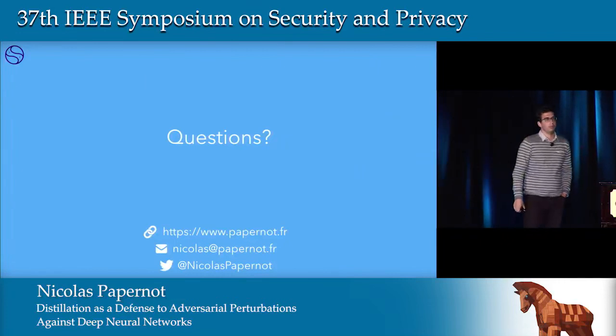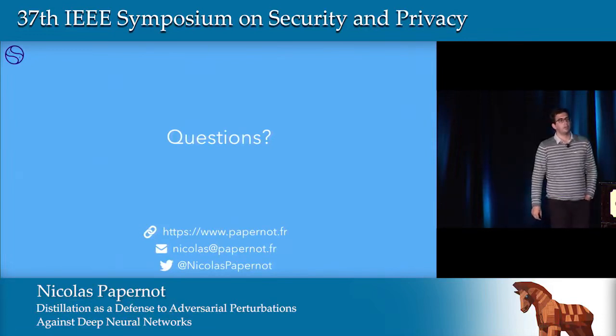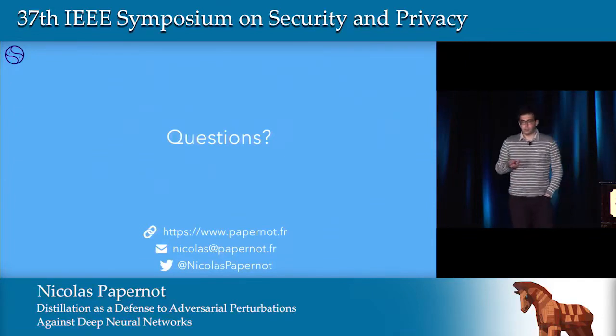I just have a question about the adversary model. Do you give the neural network description also to the adversary? What is the exact knowledge of the adversary? The attack that we use to evaluate the defense assumes that the adversary has access to the model parameters and the architecture.